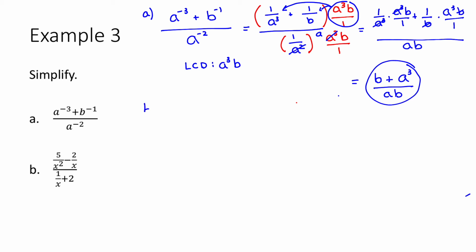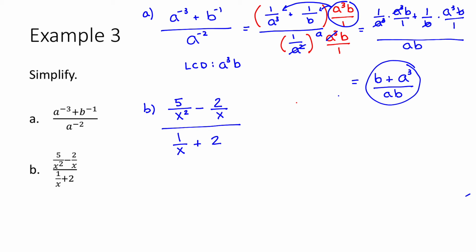All right, now in b, I have 5 over x squared minus 2 over x, and that's over 1 over x plus 2.